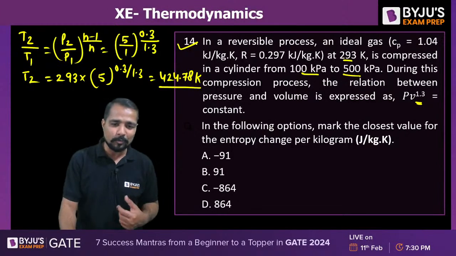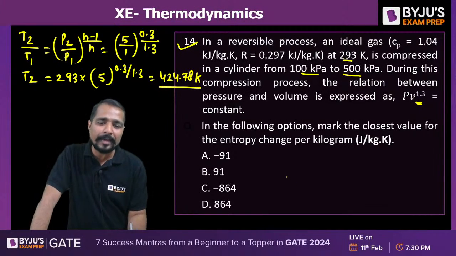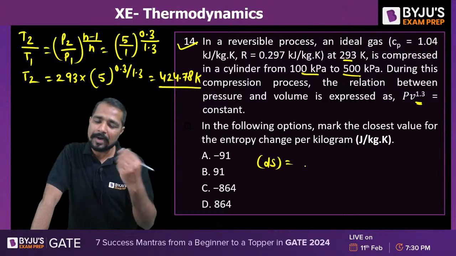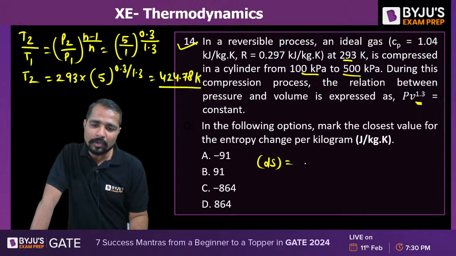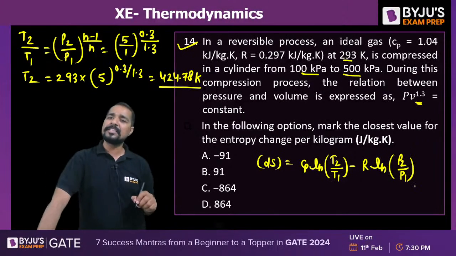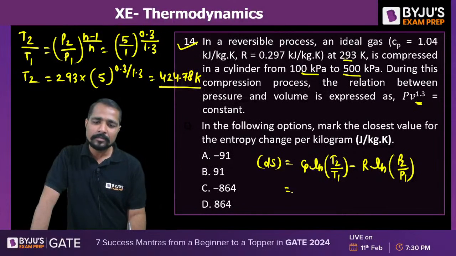So apply the formula. What is the change of entropy, my dear, for an ideal gas? We know very well, mass is 1 kg, so it will be equal to Cp ln(T2 by T1) minus R ln(P2 by P1). I think all of us are aware of this simple formula.